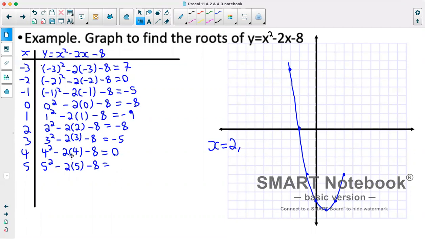Minus 10 is 15. Minus 8 gives us 7. So applying those new points, we now have our second x-intercept, which would be here. So that is at x equals 4. So solving this one, x is equal to -2 as well as 4.